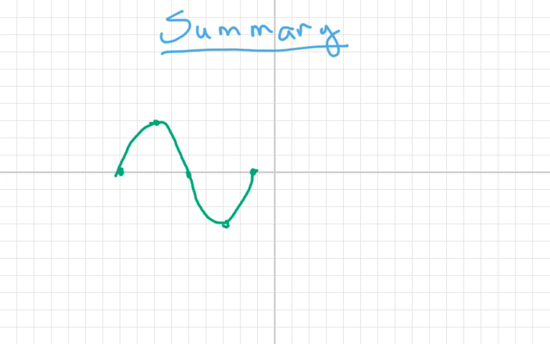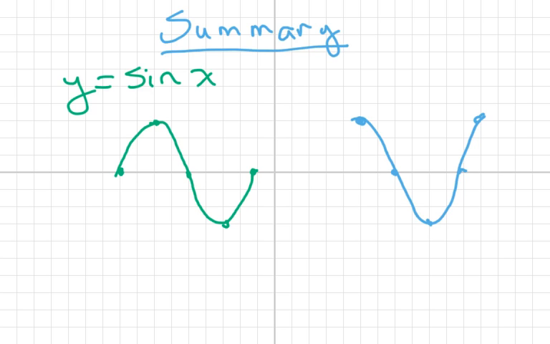There's your sine wave. Now for cosine, we start at 1 and just make a V shape. And there's your cosine wave. These are between 0 and 2 pi.